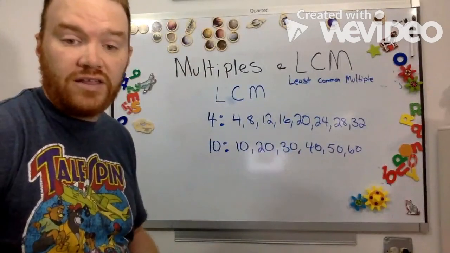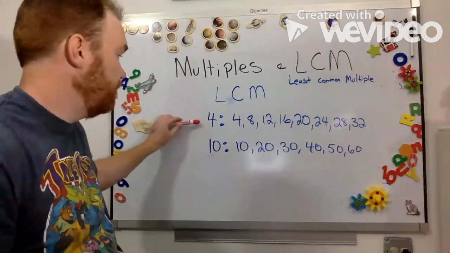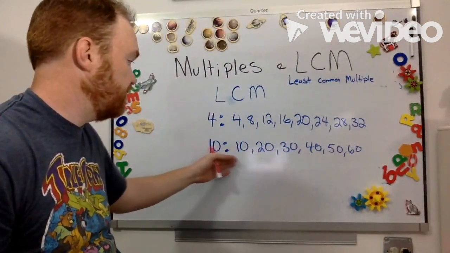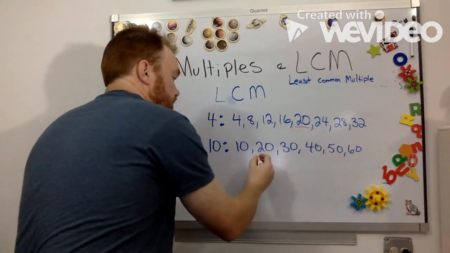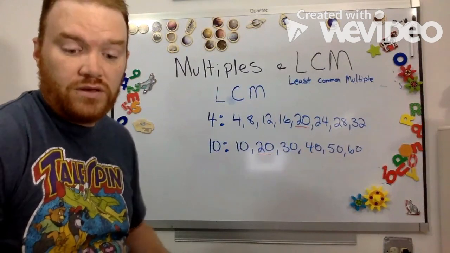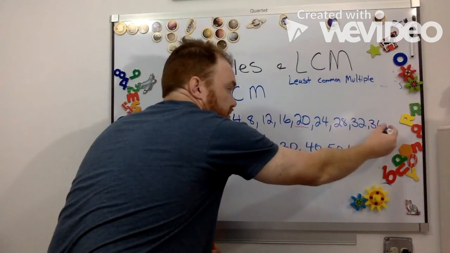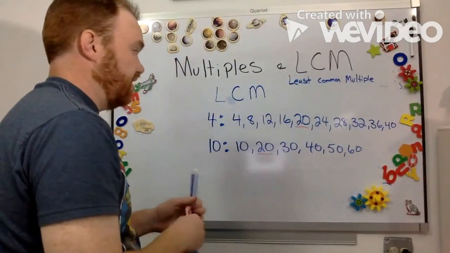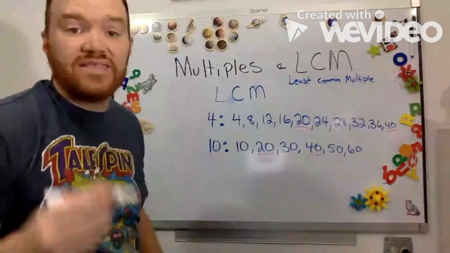Now I look at my lists of multiples. Multiples of 4: 4, 8, 12, 16, 20, 24. My list of 10: 10, 20. Oh, I see 20. 20 is a common multiple. If I keep going to 36 and 40, I can also say 40 is a common multiple, but it's not the least common multiple.